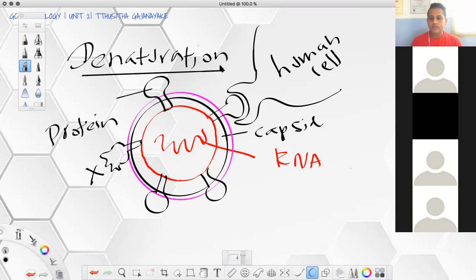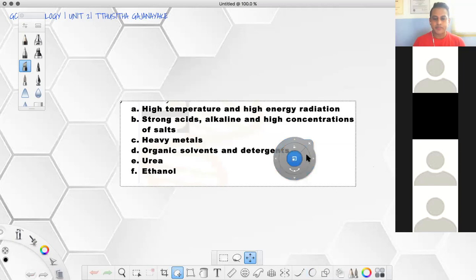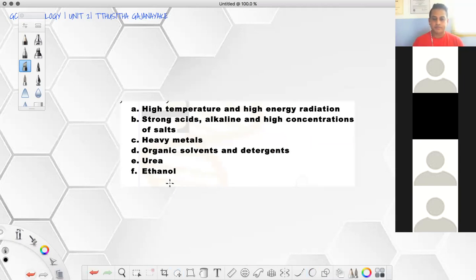Right. What are the other agents which can denature proteins, destroy the proteins? So we list them all. Here is the list. High temperature and high energy radiation. If we fry an egg, the egg protein is albumin, egg white is albumin, and the protein is destroyed.